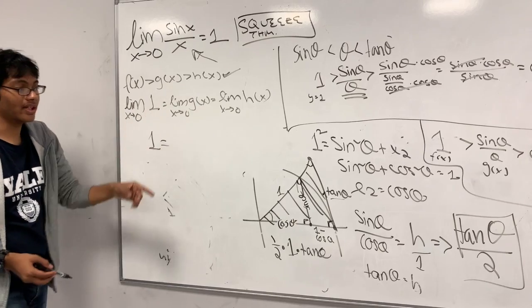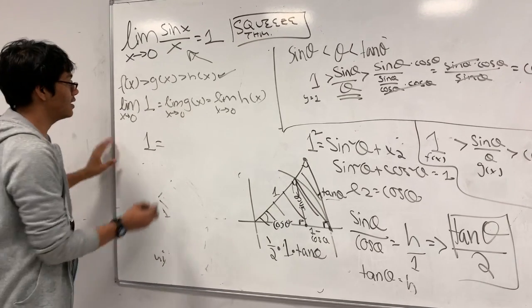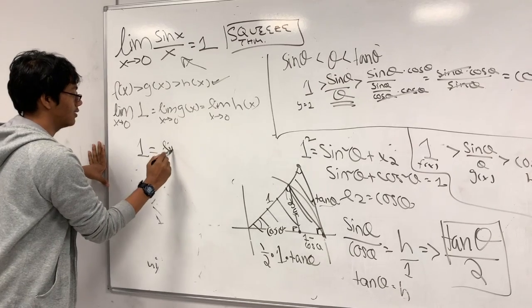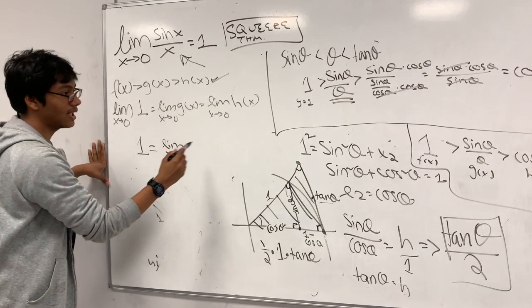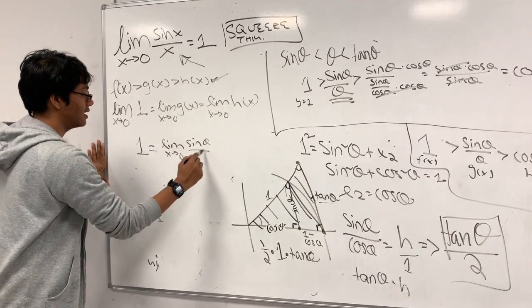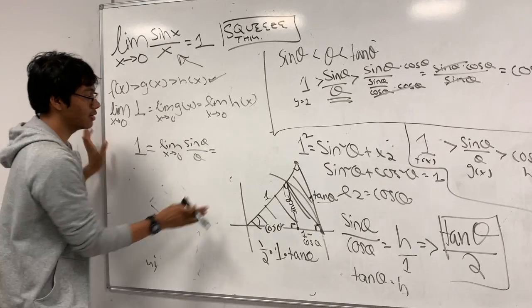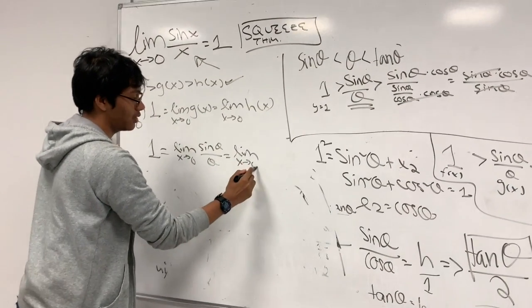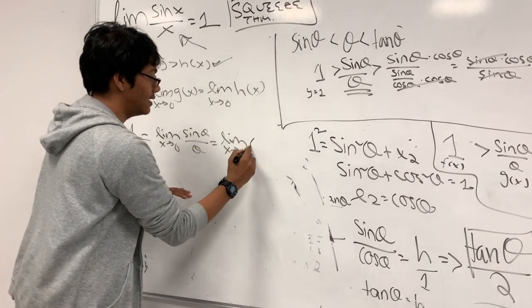What about g of x? G of x is sine theta over theta. And that's also equal to the limit as x approaches 0 of h of x. What is h of x? H of x is cosine theta.